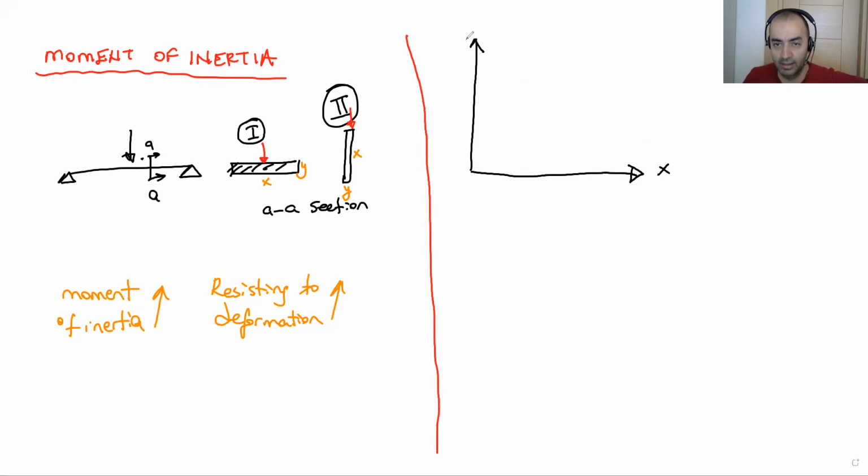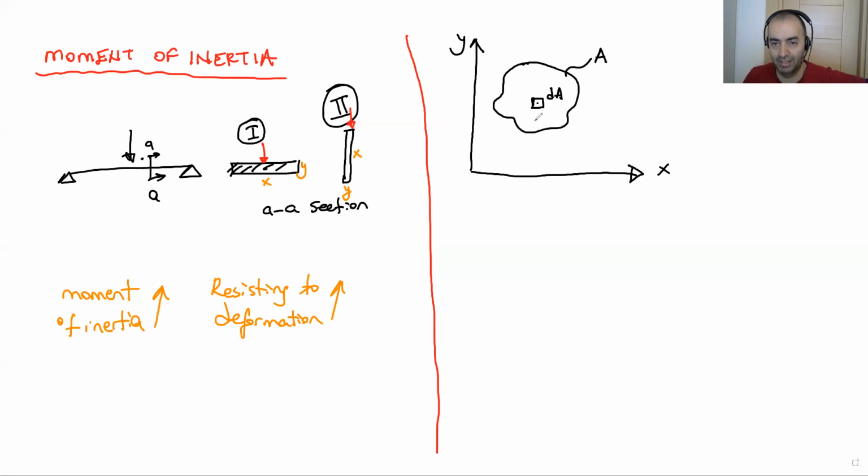This is X, this is Y. If I have a section, this is the area of the section, and this small rectangle area is dA.